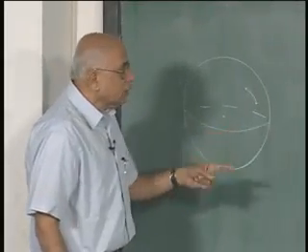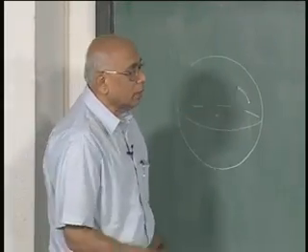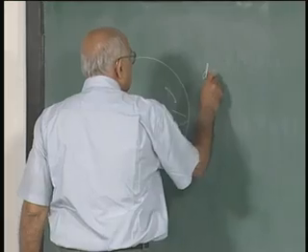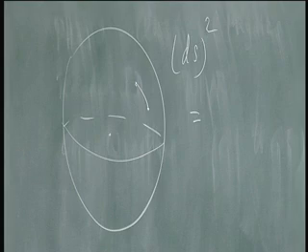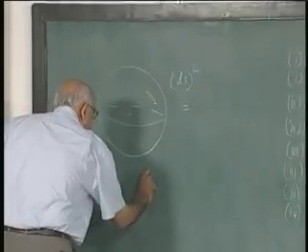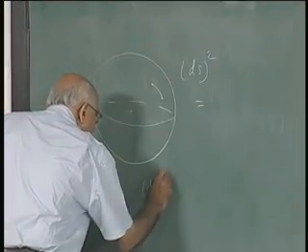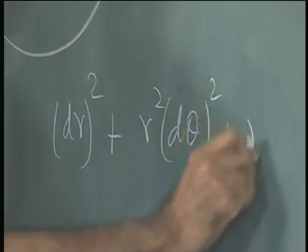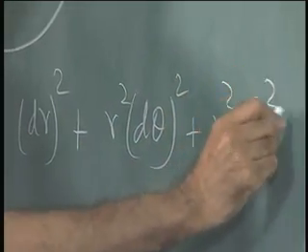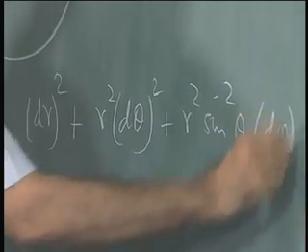Now what does this ds squared mean in the present case? If this sphere had a radius r, then the distance between 2 points in spherical polar coordinates would be something like ds squared equals (dr) squared plus r squared (d theta) squared plus r squared sine squared theta (d phi) squared.